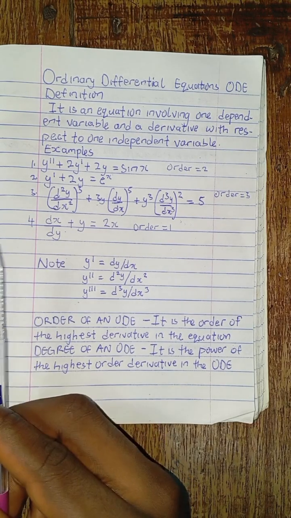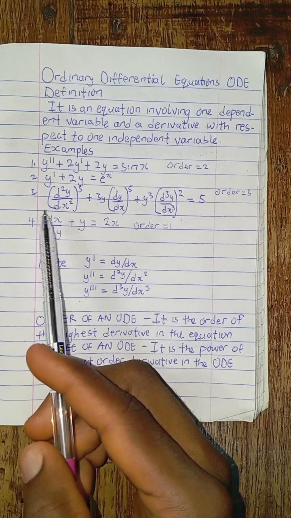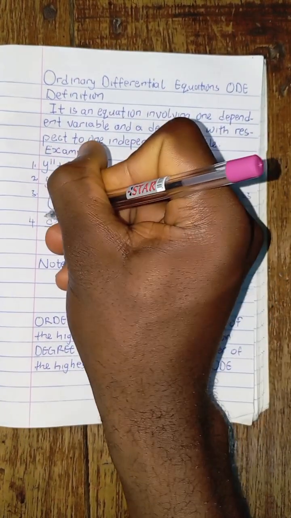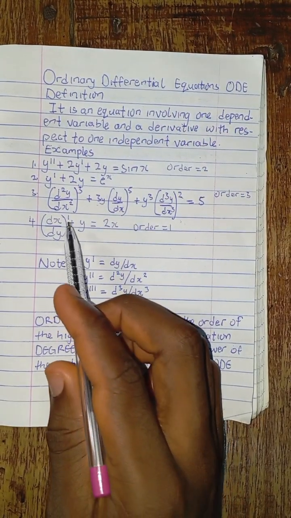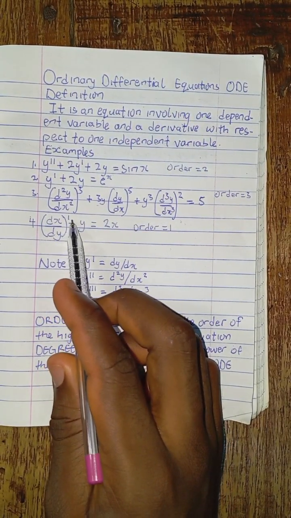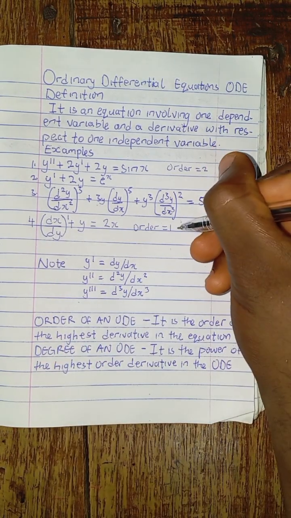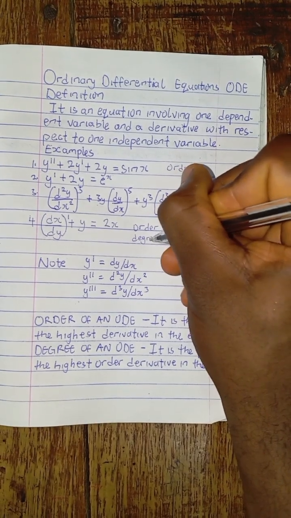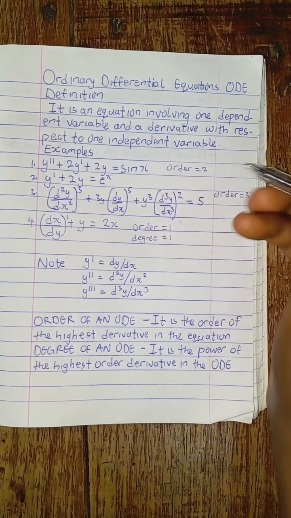Anything raised to power 1 is that number, so there's an invisible one. If you put it here, it's of no use in mathematics because it's going to give you the same value. So the degree of equation 4 is 1.